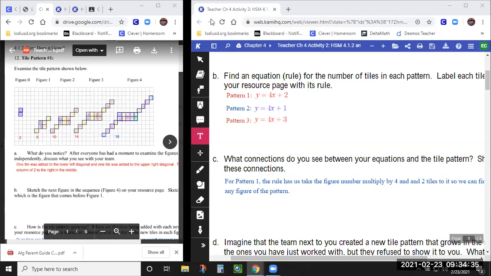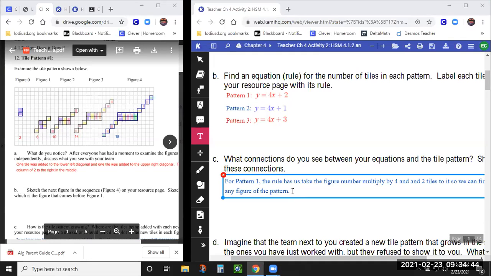Or can we just replace the information for pattern 2 and pattern 3? Do I need to rewrite something new for pattern 2?